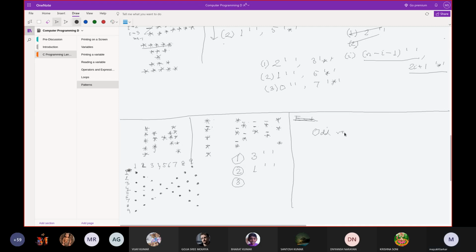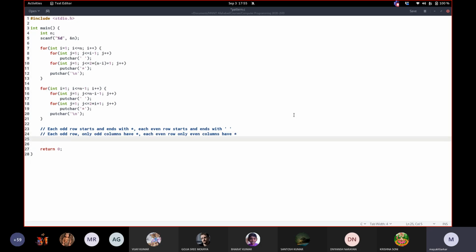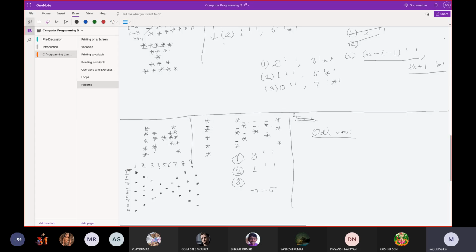Odd row. So for n equal to 5, this is for odd row. Okay, I have n equal to 5.